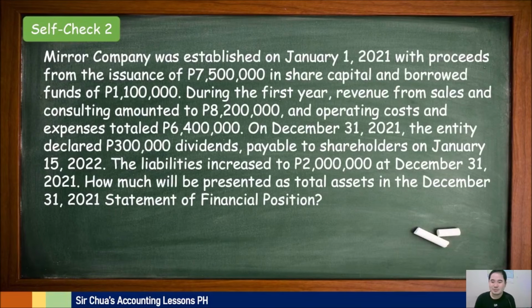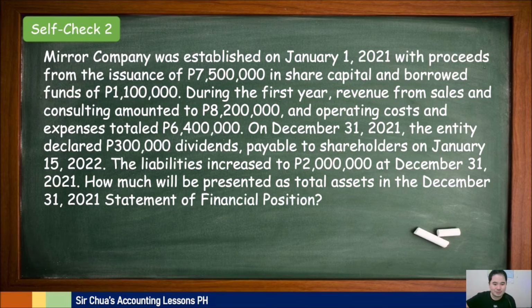Self-check number 2. Mirror Company was established on January 1, 2021 with proceeds from the issuance of 7,500,000 in share capital and borrowed funds of 1,100,000. During the first year, revenue from sales and consulting amounted to 8,200,000 and operating costs and expenses totaled 6,400,000.